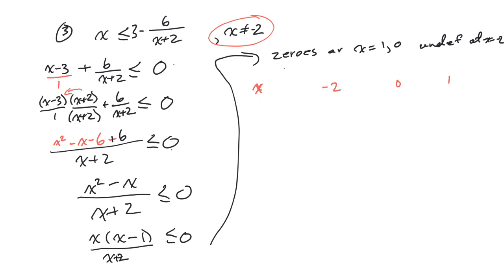So now we need to show what our values are going from negative infinity up to negative 2, then from negative 2 to 0, then from 0 to 1, and from 1 going all the way up to positive infinity. You'll notice that we had to show all of these different things here, okay?